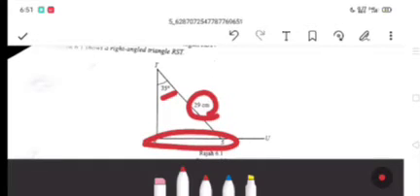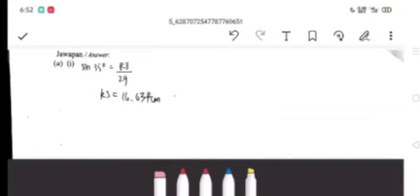Since we have the hypotenuse and we need to find the opposite of angle RTS, we can use sine. Sine 35 degrees is RS, the opposite side, divided by 29, the hypotenuse. So RS is 16.634 cm.